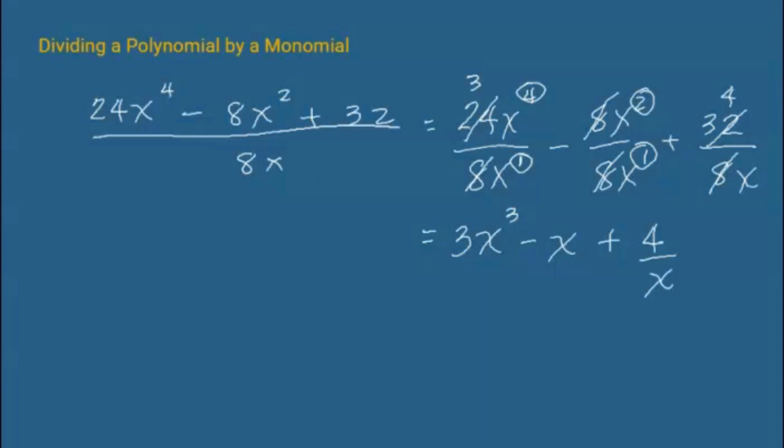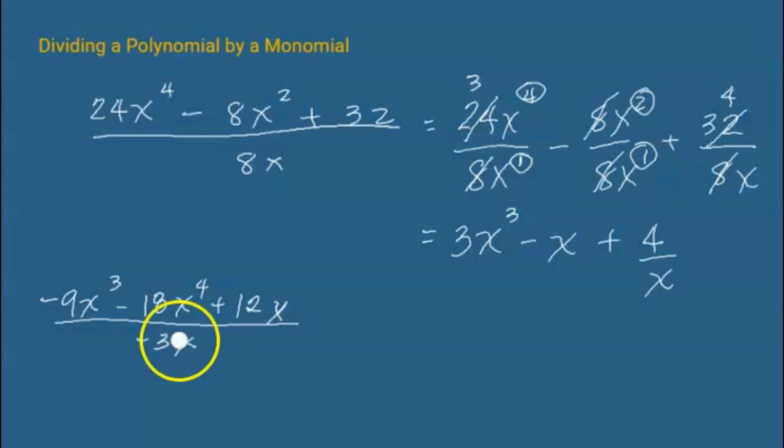Next we have negative 9x cubed minus 18x to the fourth power plus 12x divided by negative 3x. First check if the powers of the exponents are arranged in descending order. In this case, it's not. So let's arrange it and then divide each term by the monomial, or the divisor, negative 3x.